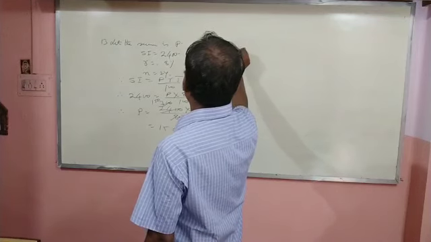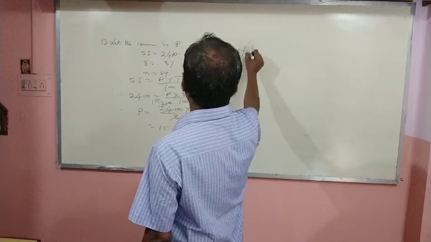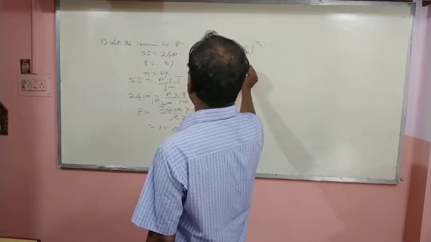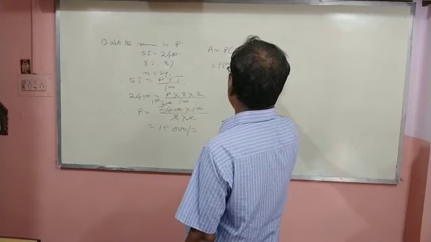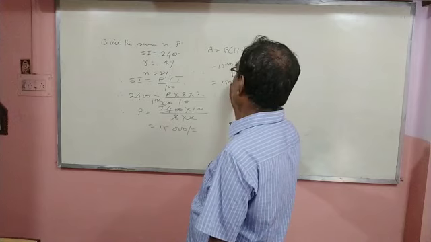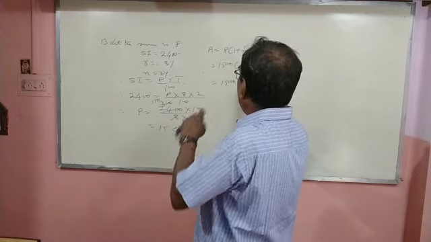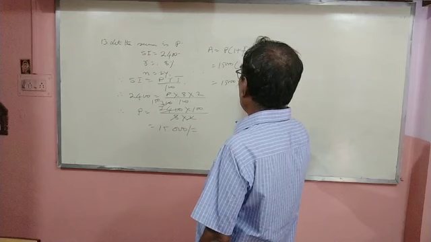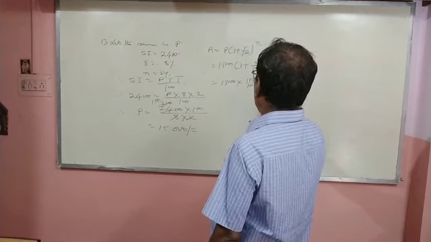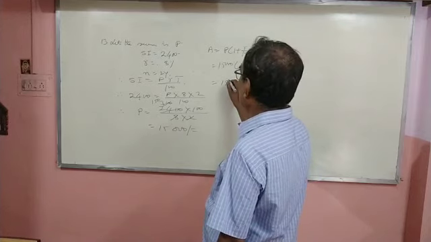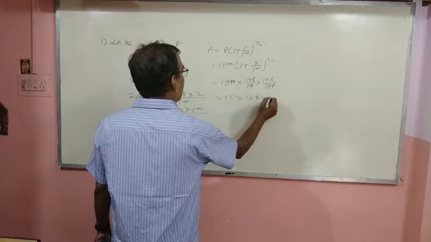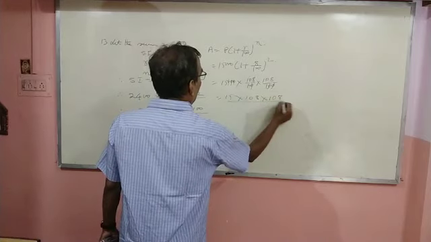First of all I am writing the formula: A equals P into (1 plus R by 100) to the power n. 15,000 is the principal which you have found just now, R is the same rate of interest given, and time is given as 2. So therefore 15,000 into (108 by 100) squared, so 108 by 100 twice. The zeros will cancel, which is equal to 15 into 108 into 108 by only 10 left.